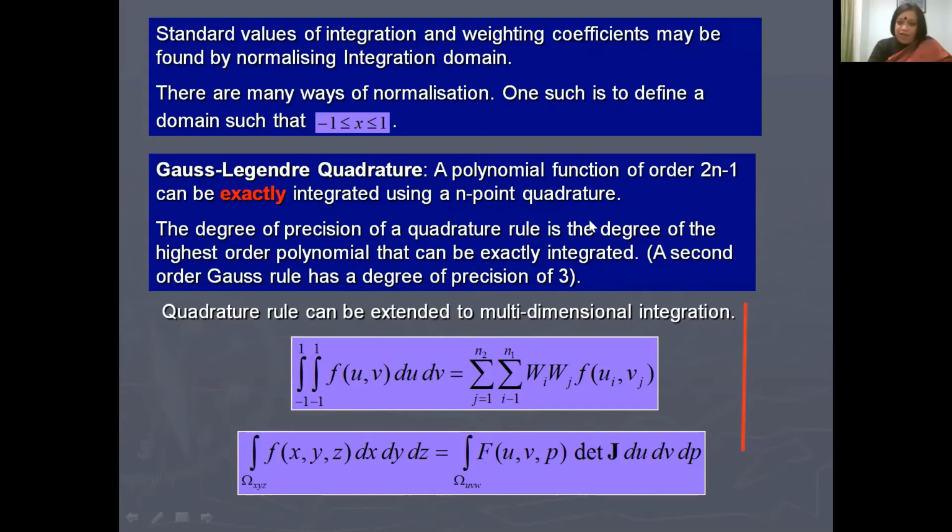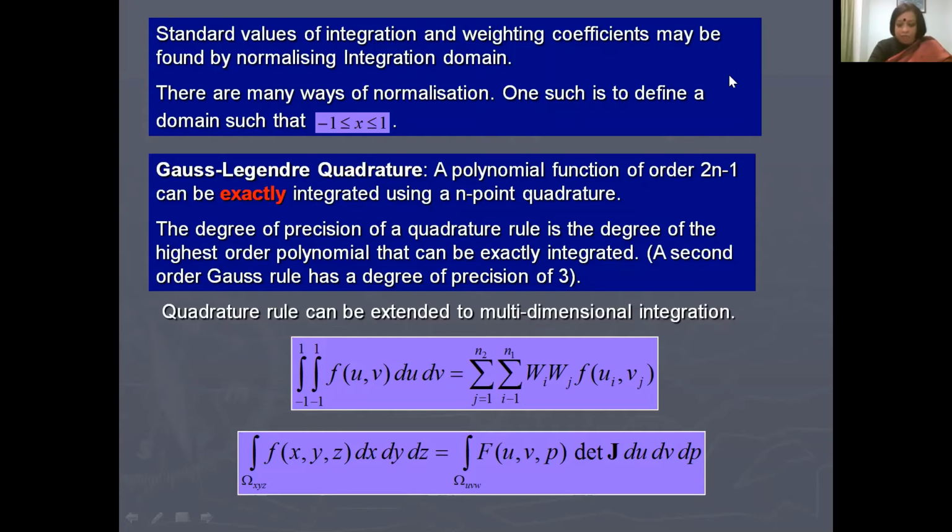Now, where will you get the values of xi and wi? I will give them to you. There are Gauss quadrature integration tables which give us standard values of integration points and weighting coefficients, but those are only defined over the domain -1 to +1.